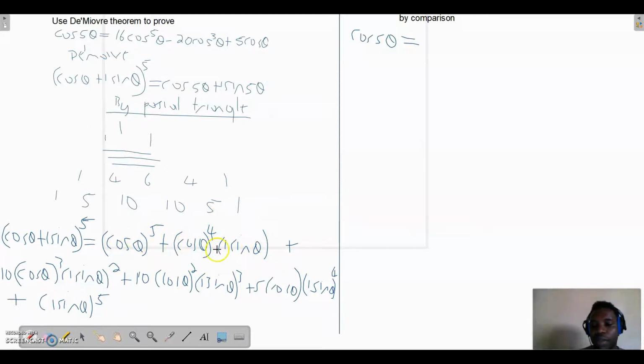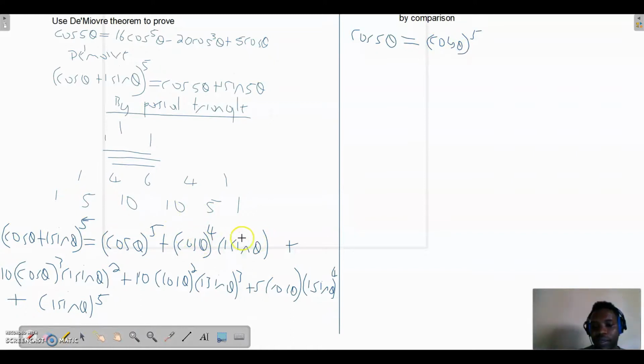So, all the parts that have i sine theta raised to an even power would automatically be real. Because once the i is raised to an even power, it's automatically going to cancel out. It's either going to be negative 1 or positive 1. So in the first scenario, cos theta to the fifth power would definitely be real. There's no i there. So I'm going to have cos theta to the fifth as my first real term.